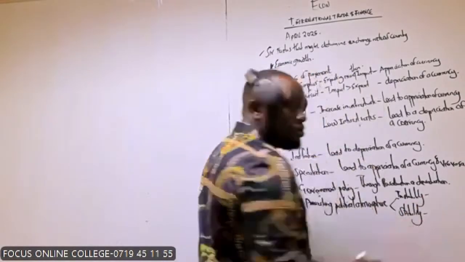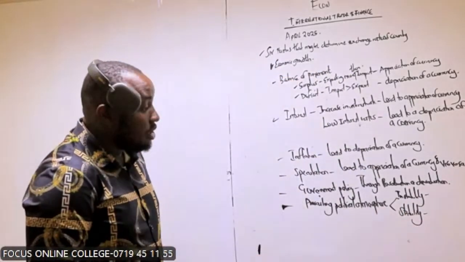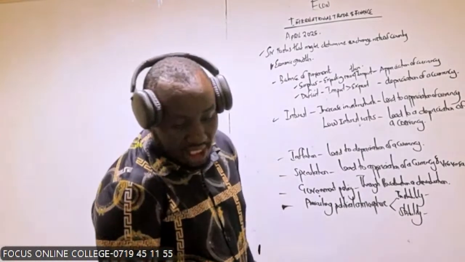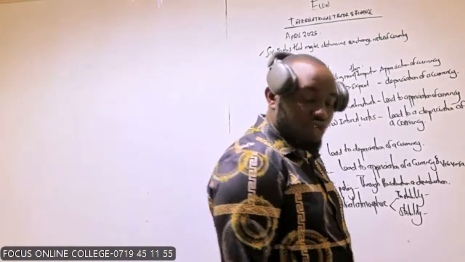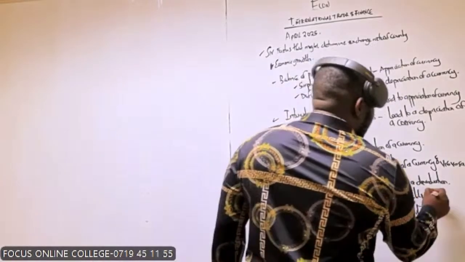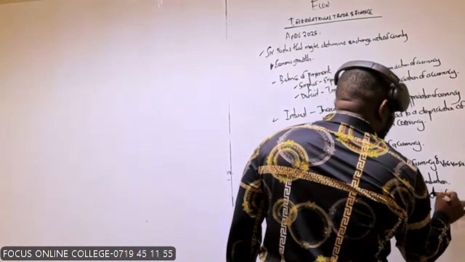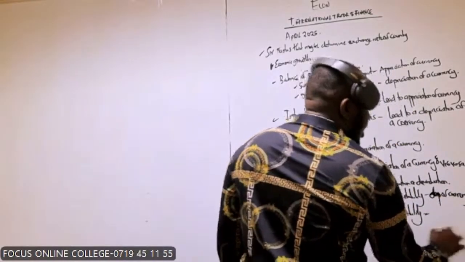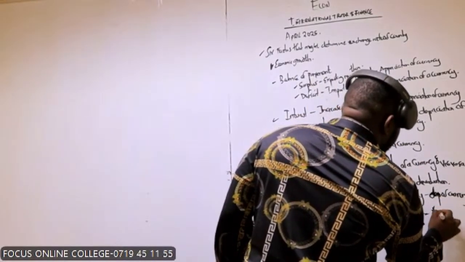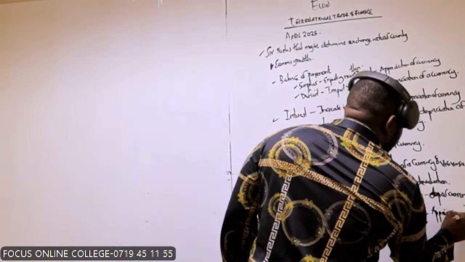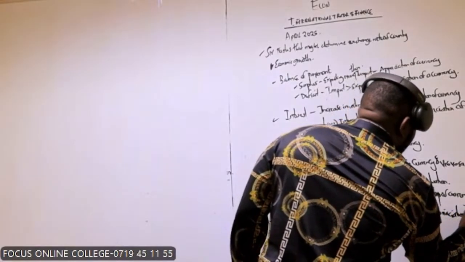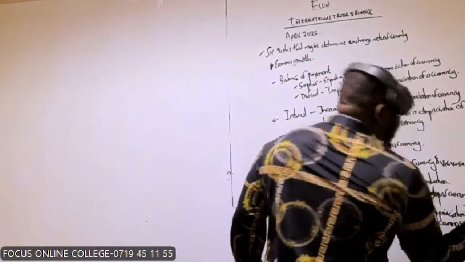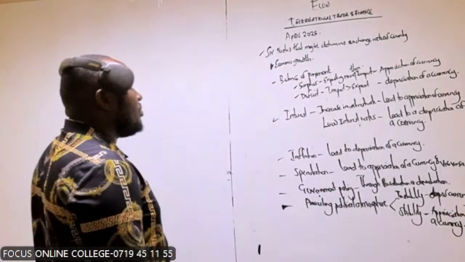When the political atmosphere is unstable, we know there will be depreciation of a currency. But when there's stability, the exchange rate will lead to appreciation of a currency. Is that question perfectly done?